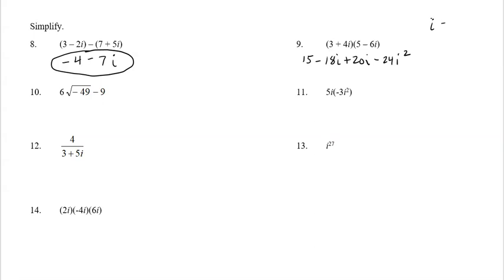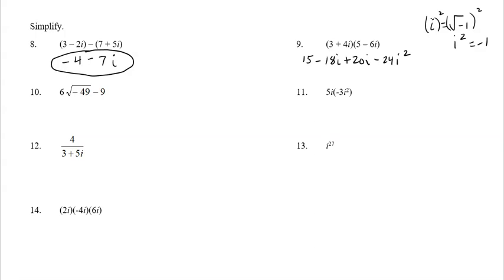First of all, i by definition is the square root of -1. Well, if you got rid of that radical using algebra, you would square both sides. That gives you another statement that's true. i squared is equal to -1. So whenever you have i squared, it needs to be replaced with -1 to simplify.